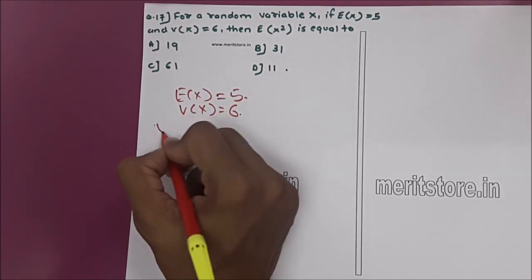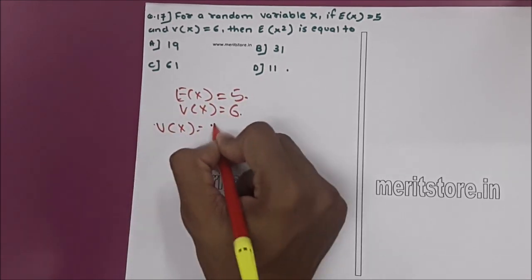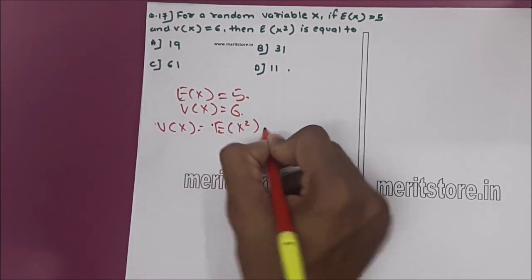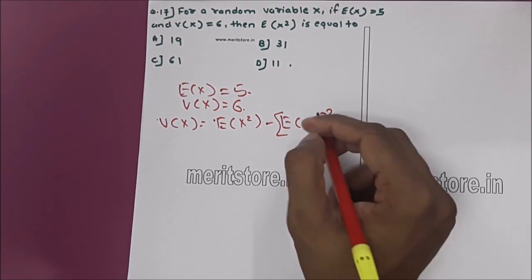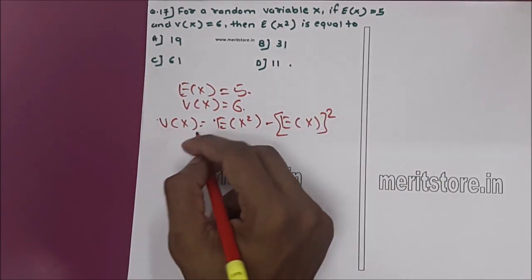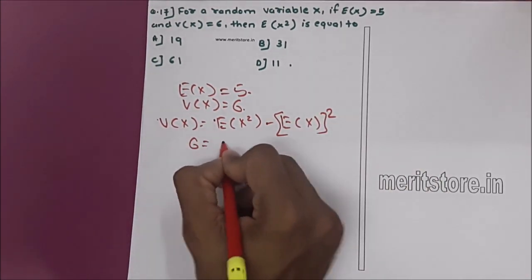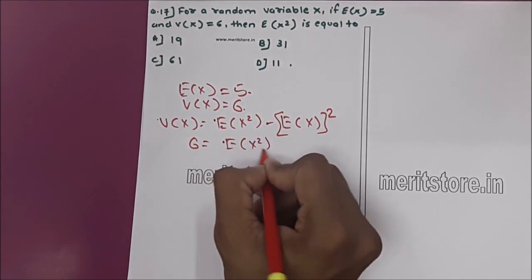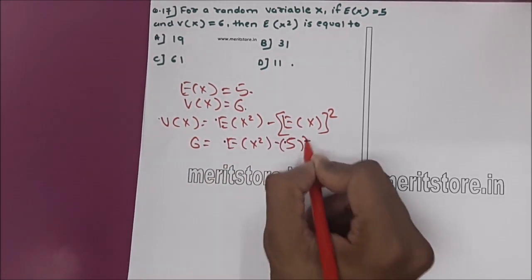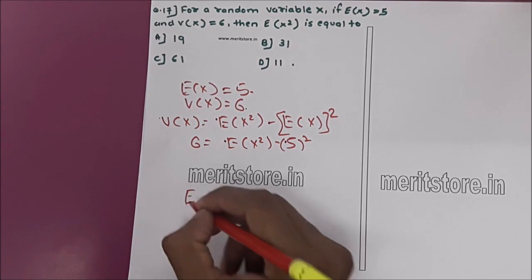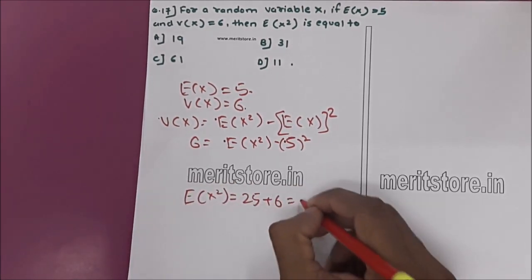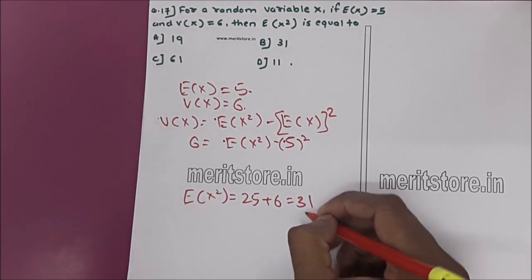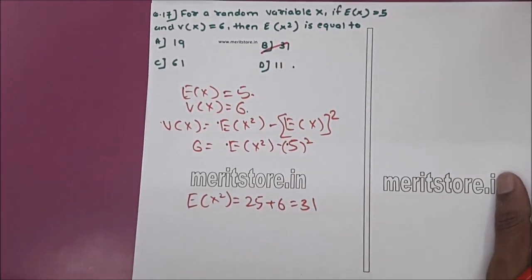So for variance V(x) we have the formula E(x square) minus E(x) the whole square. So we substitute the values of E(x) and V(x), we get 6 is equal to E(x square) minus 5 the whole square. We solve it, we get E(x square) as 25 plus 6, which is equal to 31, which is option B. Option B is the correct answer.